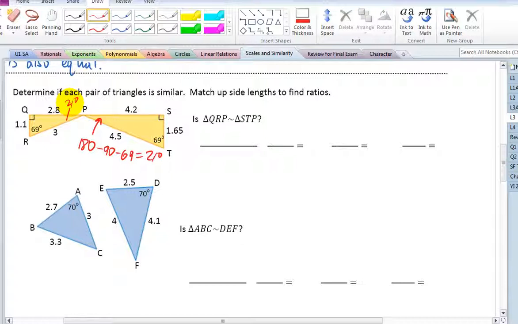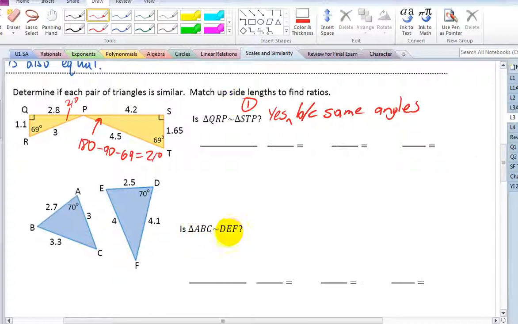Same angles. So is this triangle similar? Yes, because same angles. So this could be used as a reason. This would be one of your reasons. Now let's just say we put one of the triangles on top. Actually, you know what? We don't need the side lengths. Let's go to the next triangle.